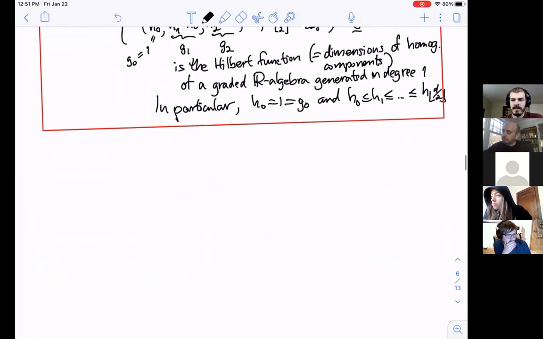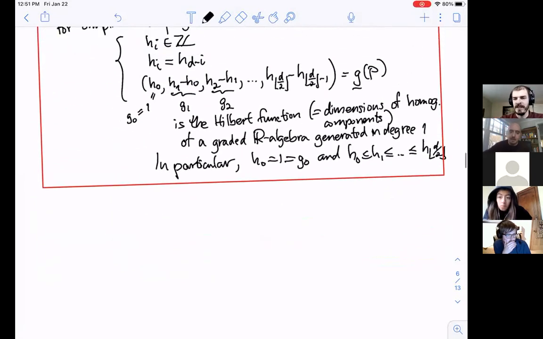Good. Looks like there's a couple more things in the chat also. Oh, thank you, Alex. Excellent. Sasha says, so the Hilbert function is 0 above degree floor. Right, because it's this g-vector. We only write down the g up to the halfway point. We only need half the entries in the h-vector, and this g-vector is half the length. It encodes the half of the entries that we need. That's right. We don't write it after the top half. And Sam asked, I thought McMullen didn't know about the, right. So here's the thing.